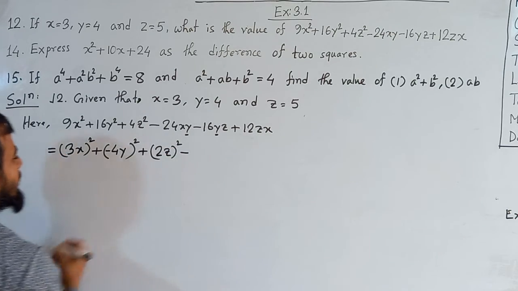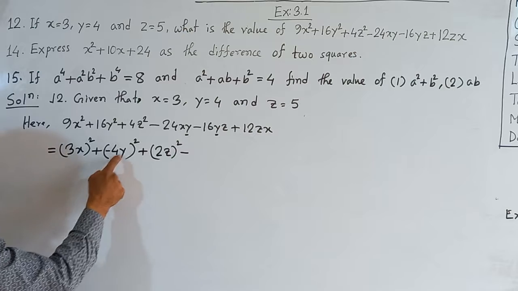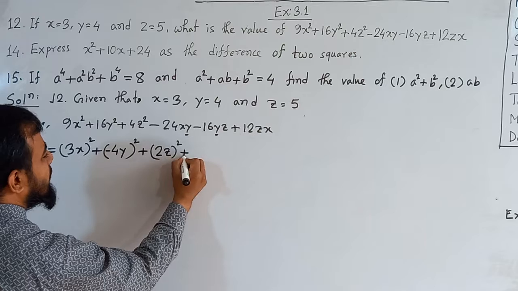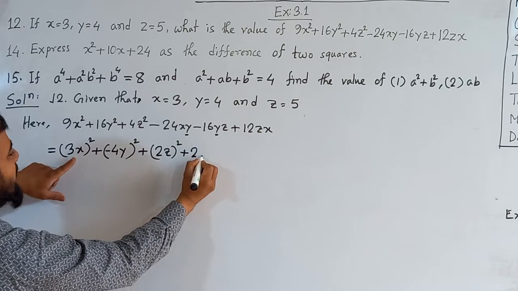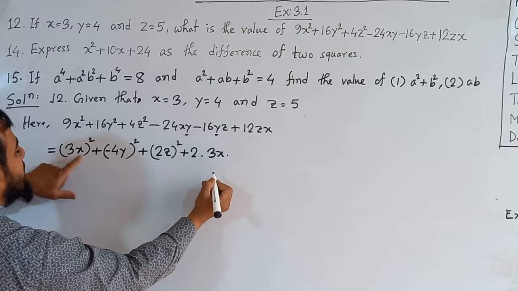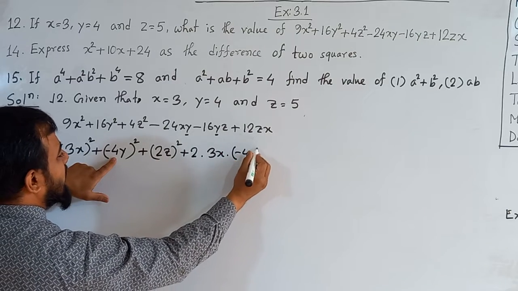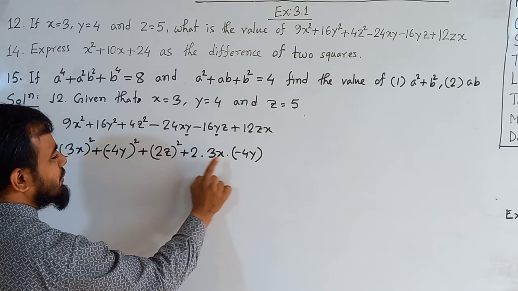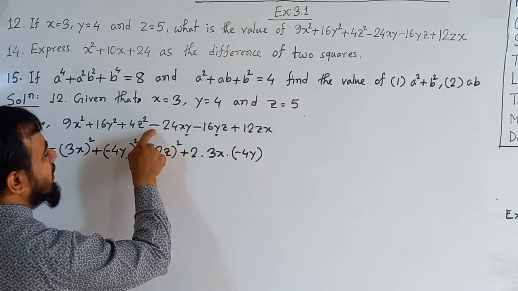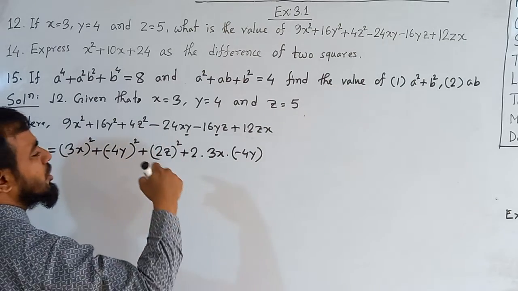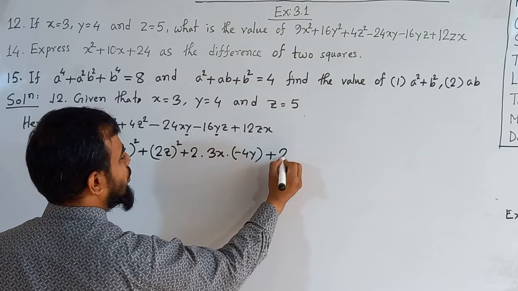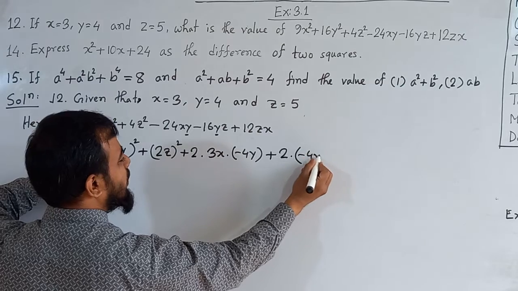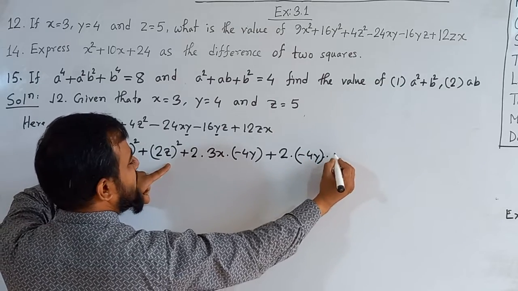Now we write a squared plus b squared plus c squared. We need plus twice ab plus twice bc plus twice ca, which is already there. Twice ab: 2 into a means thrice x, b means minus 4y. If we multiply this, we get back this one, because 2 threes are 6, 6 fours are 24, and the minus sign stays. Similarly, twice bc: b means minus 4y into twice z.